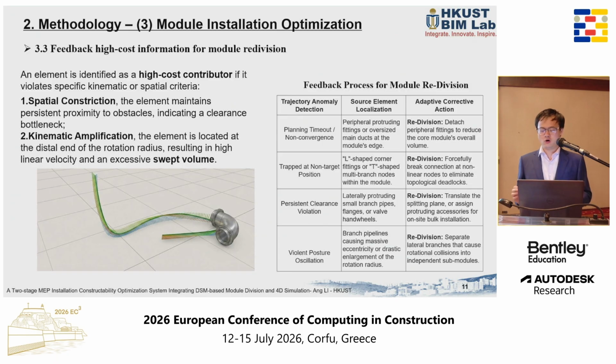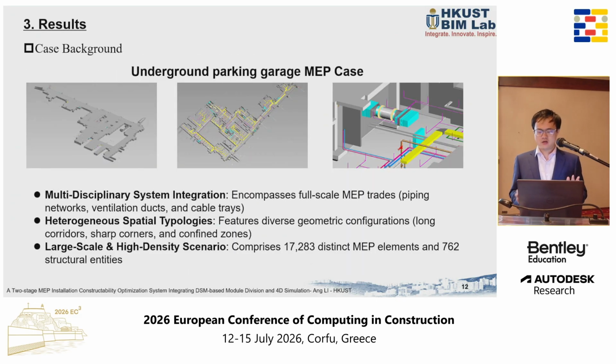We analyze the root cause, such as an oversized branch, and feed this information back to the module division part, and then the system will take adaptive corrective action to redivide the module and solve this trajectory issue.